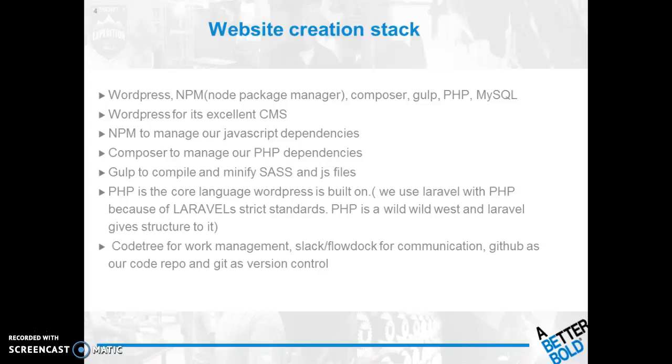Also, we use Gulp to manage our CSS as well as JavaScript files. What Gulp does is it compiles and minifies Sass and JS files. At a time, there may be more than one developer working on a JavaScript or a CSS file.